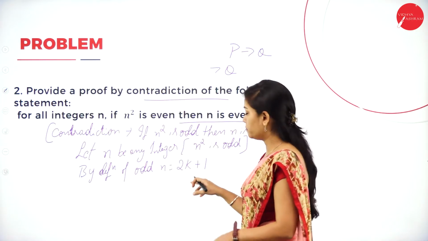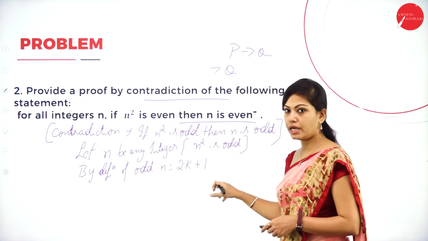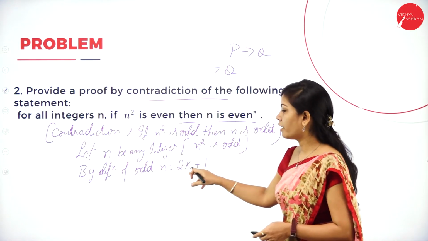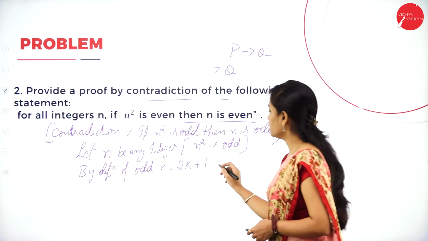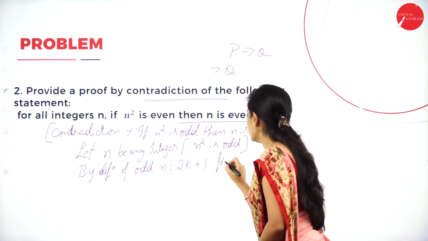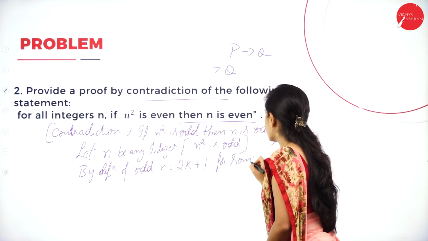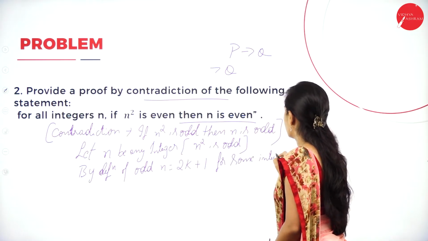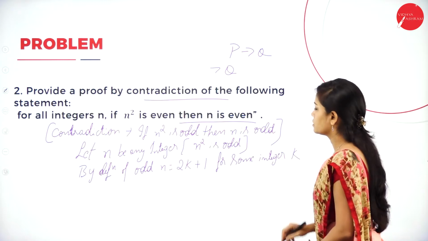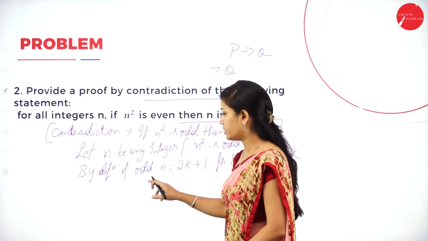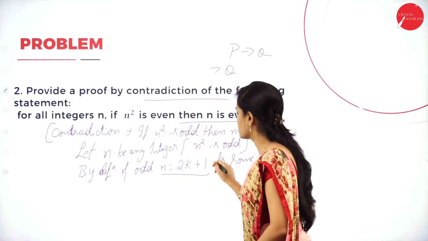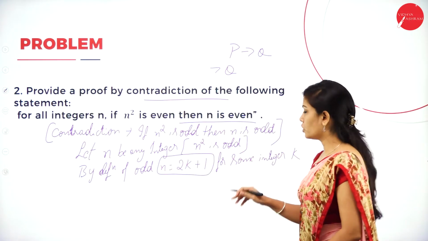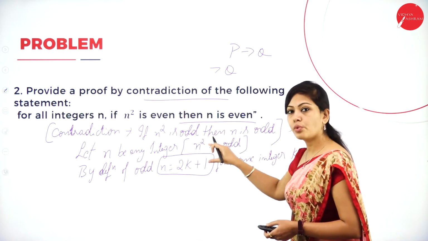So in the previous problem I considered 2m plus 1 as an odd value. Now I will consider n is equal to 2k plus 1 for some integer k. So now I have considered by the definition of odd, n is equal to 2k plus 1. Clear? So now I will prove that n square is odd.